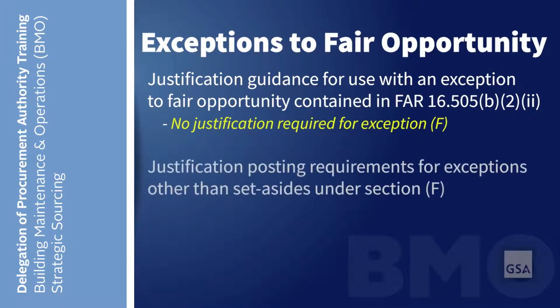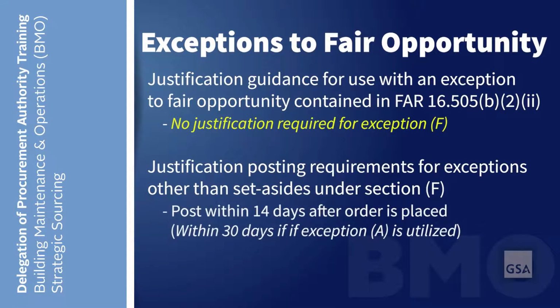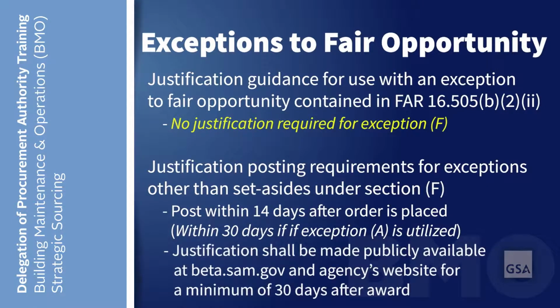For other exceptions that do require posting of the justification, you must post within 14 days after an order is placed for most exceptions, and within 30 days if Exception A is utilized, which is an urgent and compelling requirement. Justification shall be made publicly available at beta.sam.gov and an agency's website for a minimum of 30 days after award.